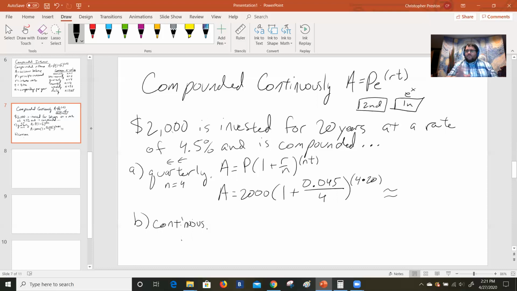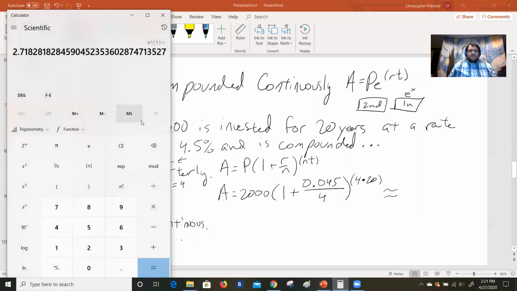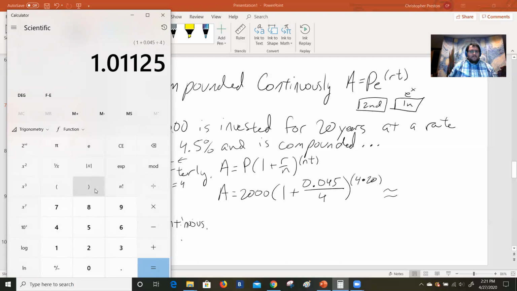And then I would just put that in my calculator. Now some calculators, you just type it out as it looks. I'm using my calculator on my computer here, so it's going to be a little bit trickier. But if you have an older scientific calculator, or lower cost one, it may be something similar to this. So what I'm going to do is start with my parenthesis 1 plus 0.045 divided by 4, close that parenthesis, raise it to the power of parenthesis 4 times 20.